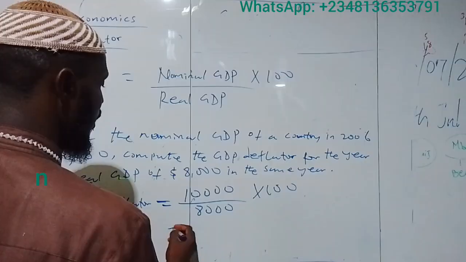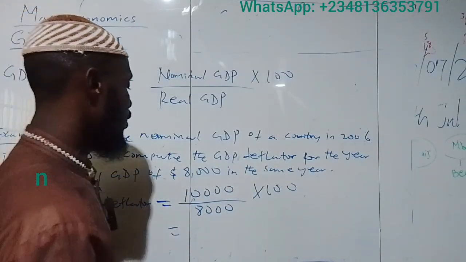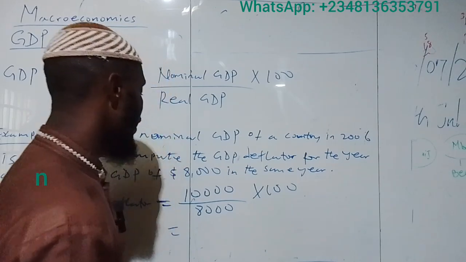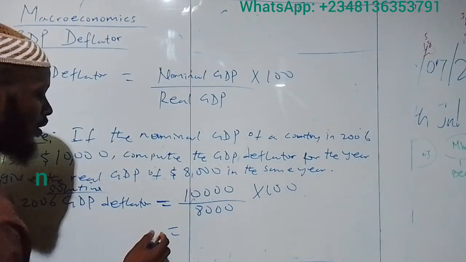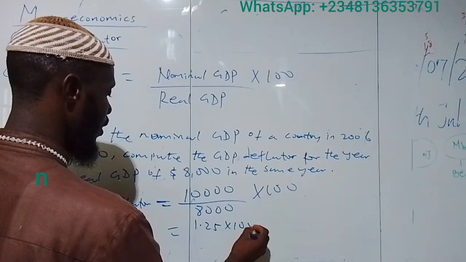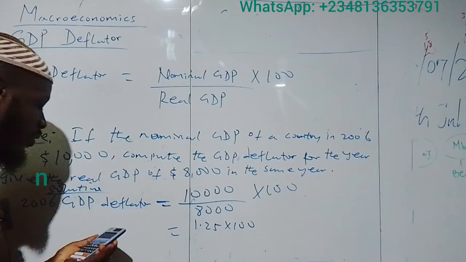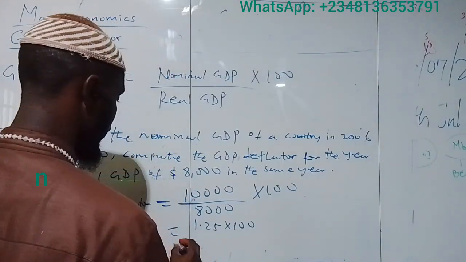So we have 10,000 divided by 8,000, which gives you 1.25, then multiply by 100. 1.25 multiplied by 100, so you have 125.